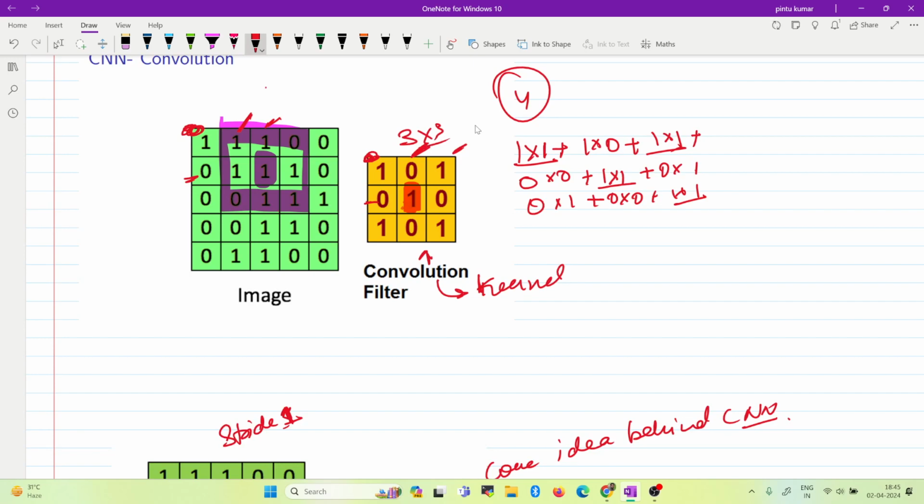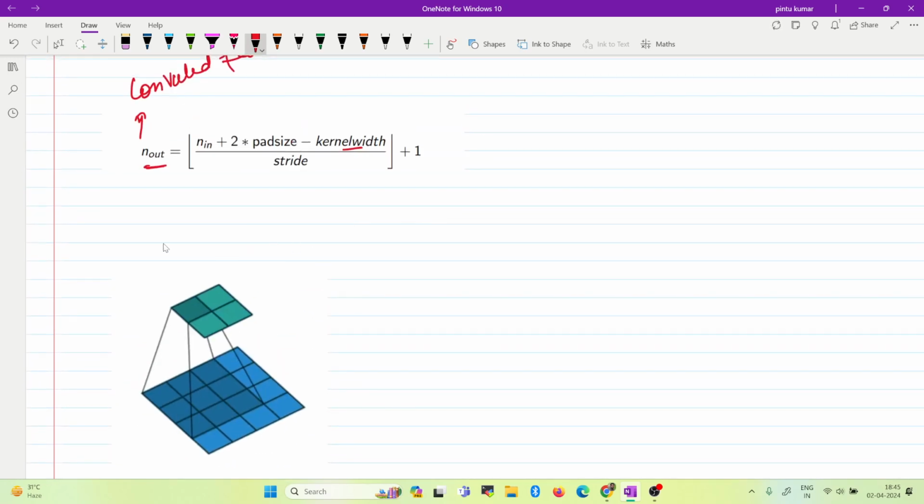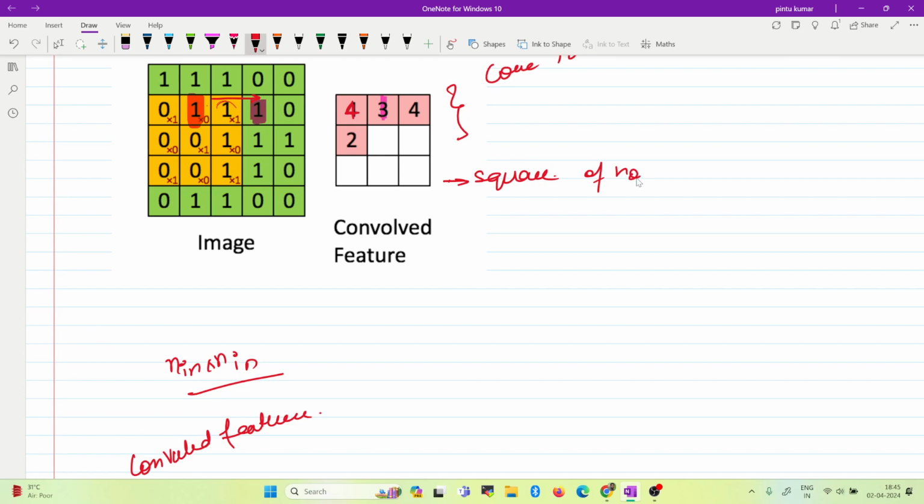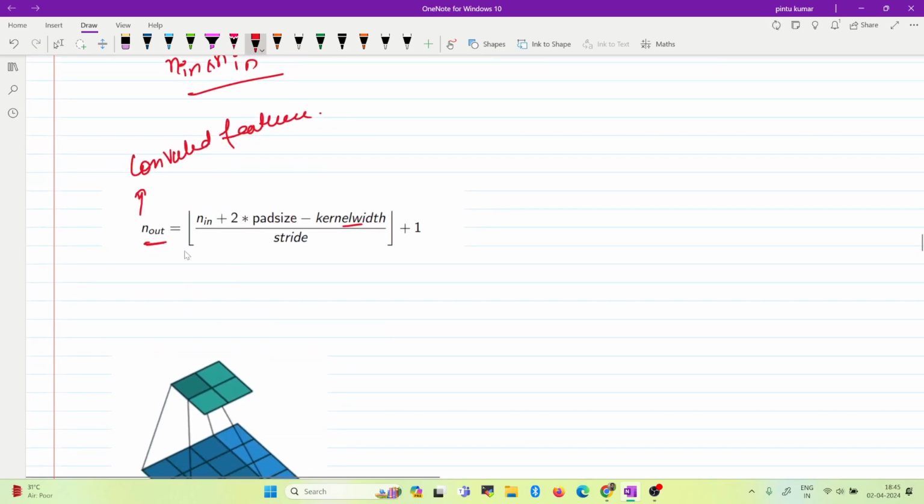Again, we are assuming that this is square. So if you do this kind of convolution, the convolved feature that you will obtain would also be a square matrix of size n_out cross n_out, and that n_out is given by n_in plus 2 times the pad size minus the kernel width, divided by stride, and you take the floor of this.